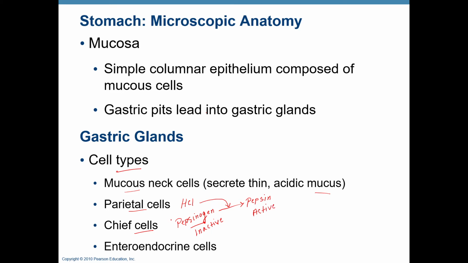So this hydrochloric acid comes from the parietal cell, and pepsinogen comes from the chief cells, and then hydrochloric acid converts the inactive pepsinogen to active pepsin. Enteroendocrine cells secrete hormones. For example, gastrin.